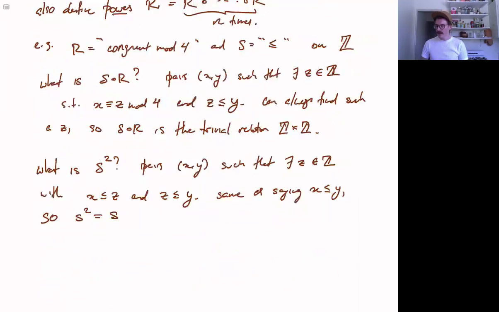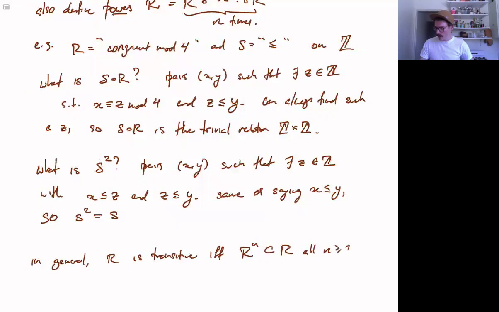And this is basically coming from the transitivity of S. So in general, the relation R is transitive if and only if R to the n is a subset of R for all n at least 1.